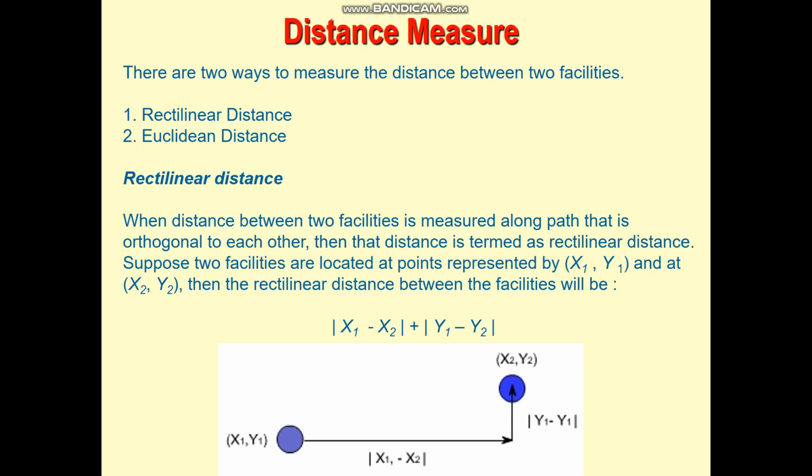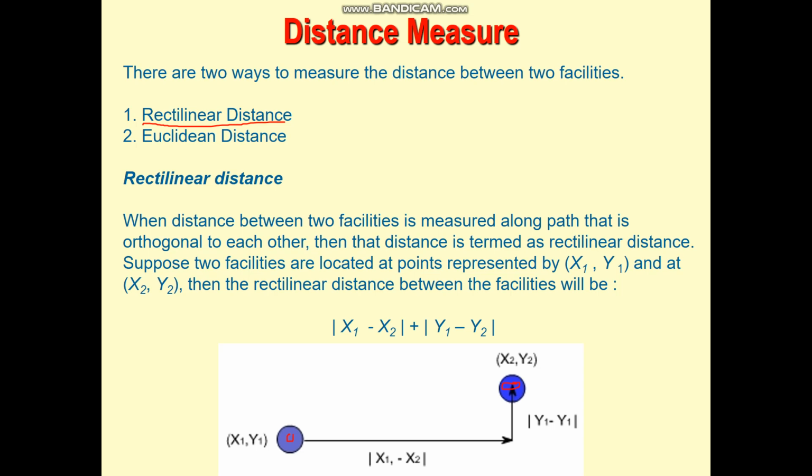The first way is the rectilinear distance and the second one is Euclidean. For rectilinear distance, for example, we have two points where the coordinates are x1, y1 and the second point is x2, y2.